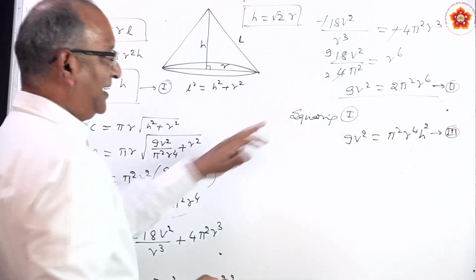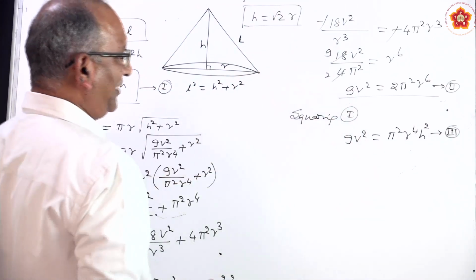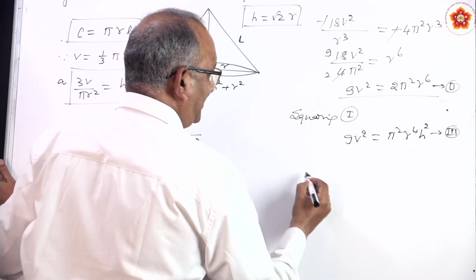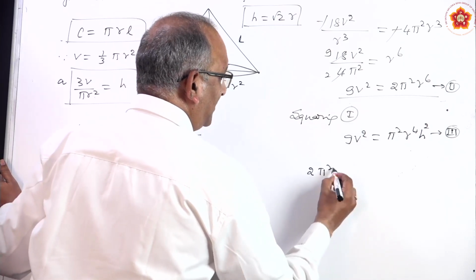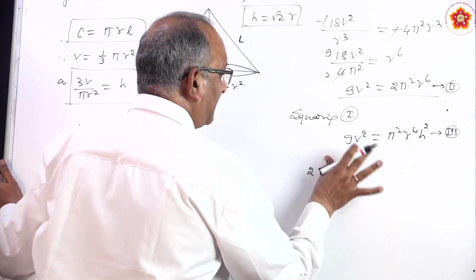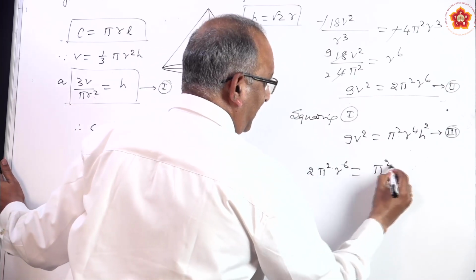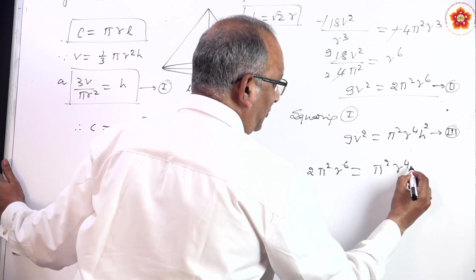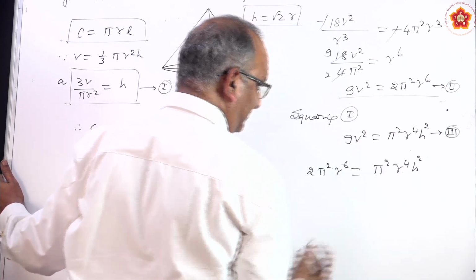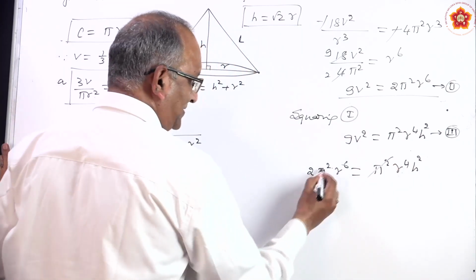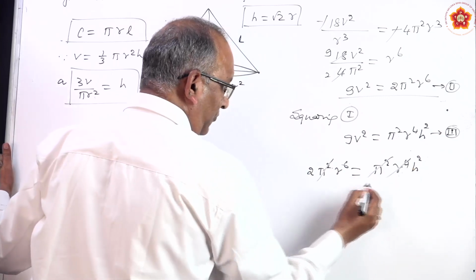You can see that the left hand sides are equal, so we can equate the right hand sides. So 2π²r to the power 6 is equal to π²r to the power 4 h². Cancel the terms. π² gets cancelled, r to the power 4 gets cancelled.